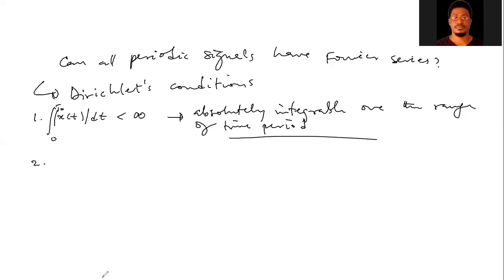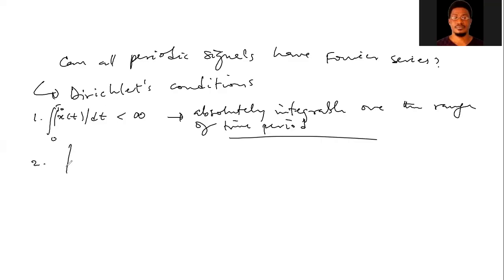And then the second point is on the discontinuities. It means that the signal must have a finite number of discontinuities over that range of time period.